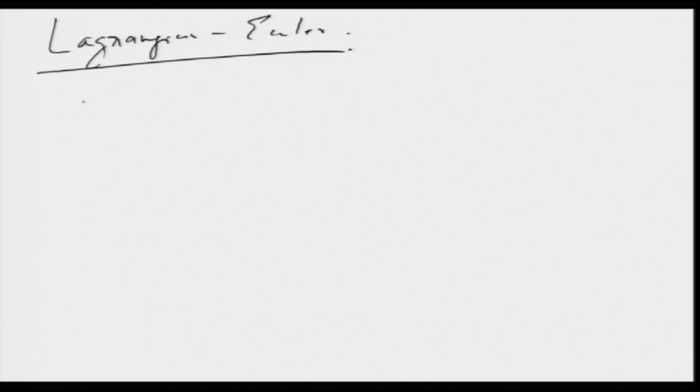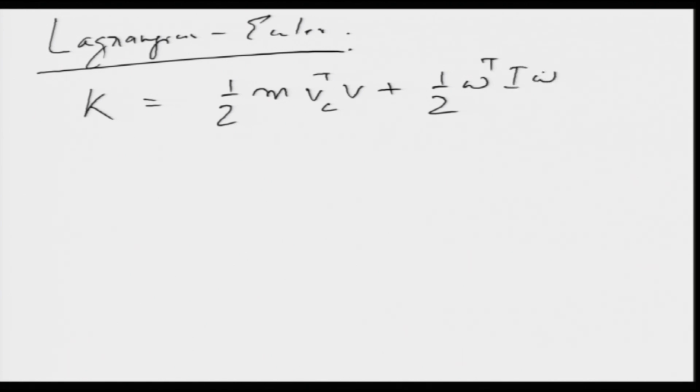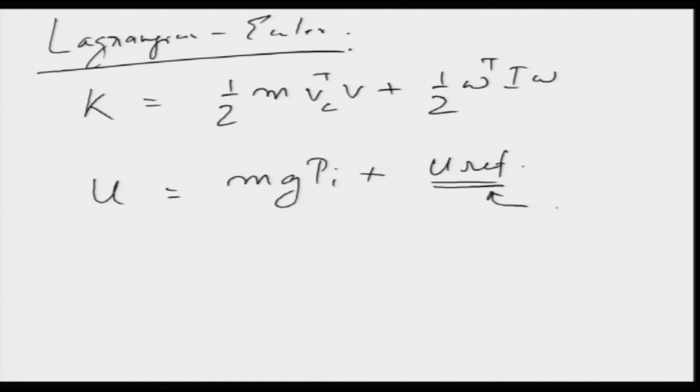The kinetic energy of a body is given by half mass into V transpose V plus half omega transpose into I omega. Okay. So, this is the kinetic energy of a body, and for the potential energy, let us call this U, which is equal to mass m into g into p_i plus U ref, which is the reference potential energy.